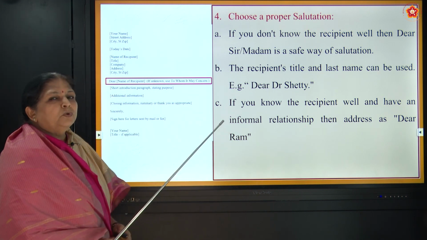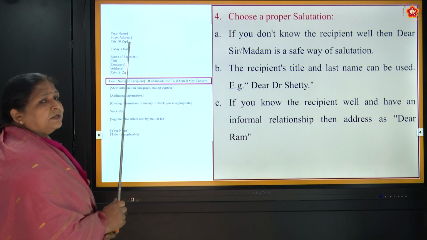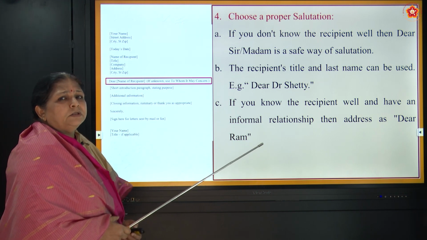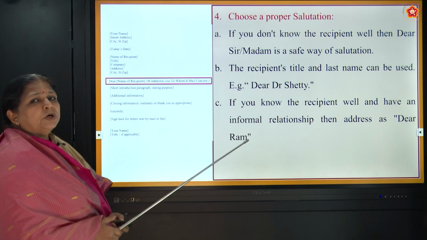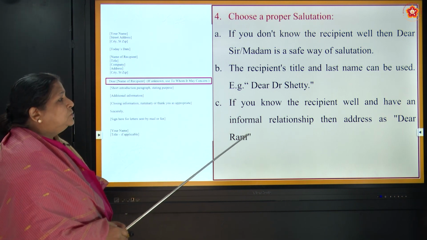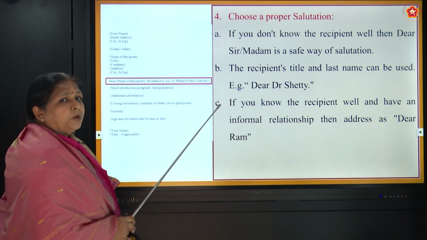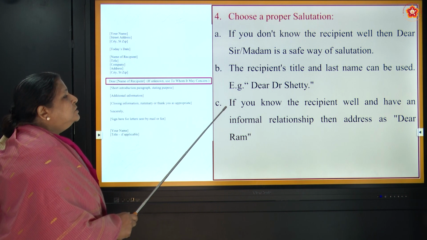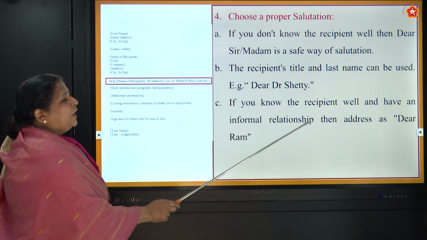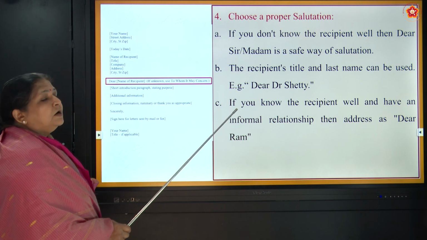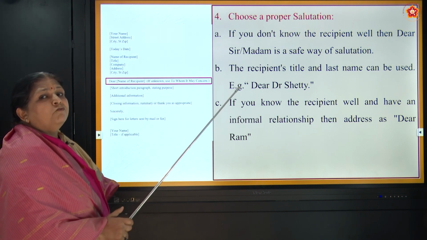Though it is a business letter, you may know the person well. It could be your uncle, grandfather, a relative or a close friend, and you are doing business with them. So at that time you address Dear Ram; no need of writing Dear Mr. Ram, that is very formal.